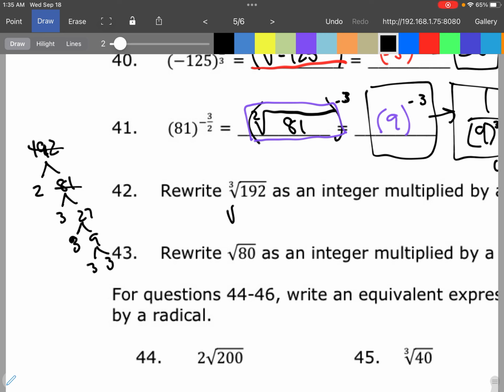So this guy right here is really disguised as 1, 2, 3, 4, 5 different prime numbers. Well, I should say 5 prime numbers. 1, 2, 3, 4 3s, and a 2.